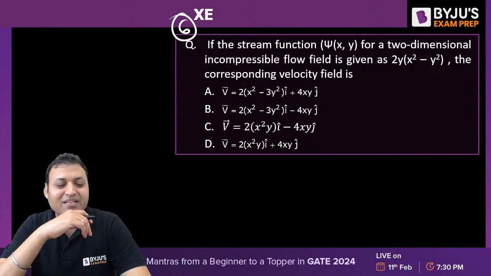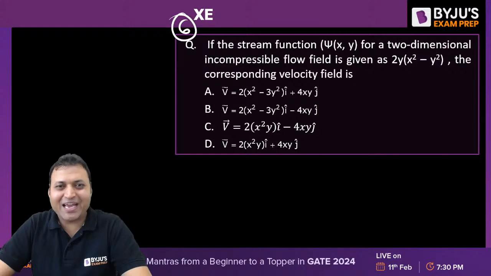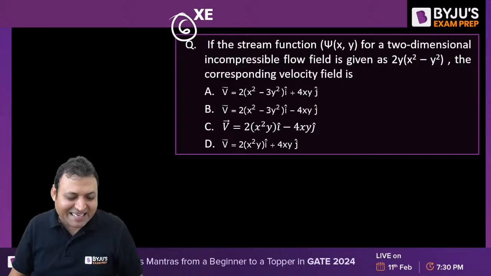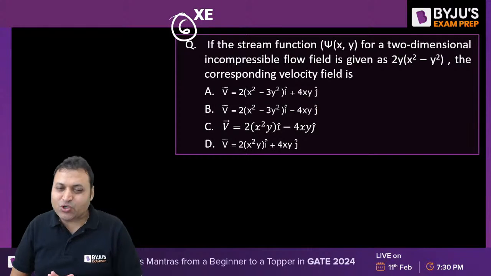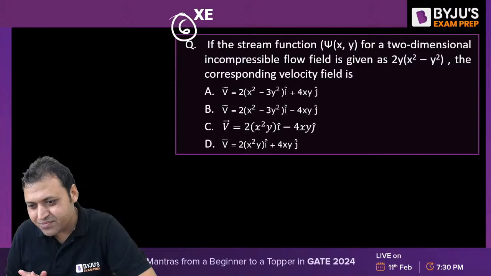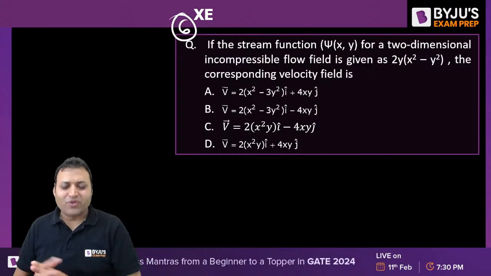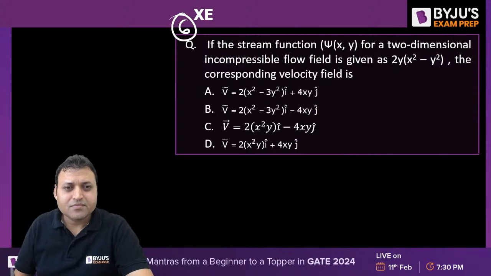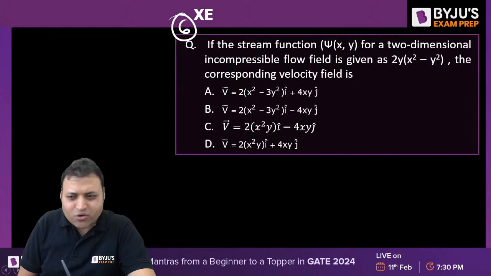Vijay, that depends on the difficulty level of the paper as well. We cannot say like this. If the paper is easy, then the score will be high. If the paper is tough, then the score will be low. So it depends on a number of factors. So try to solve the next one, question number 6.